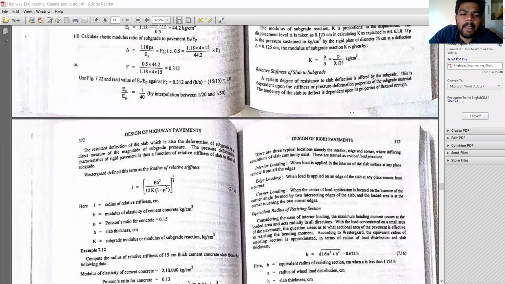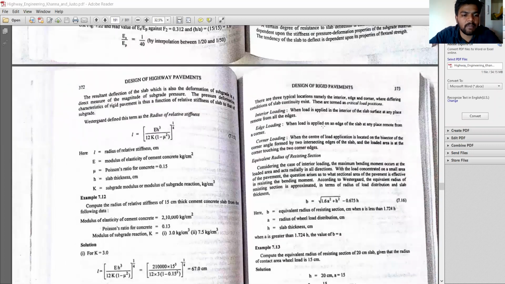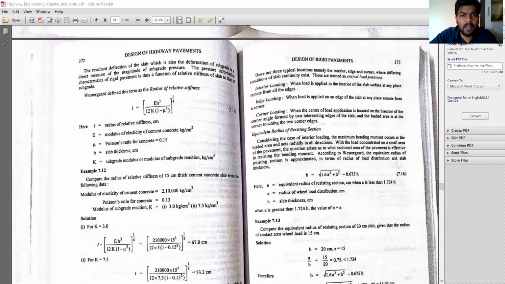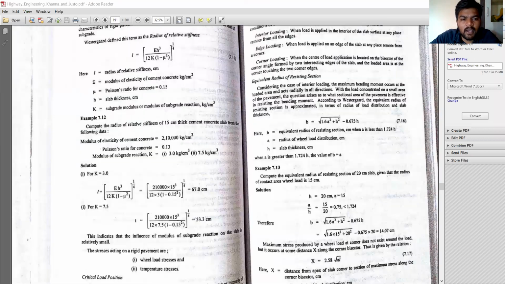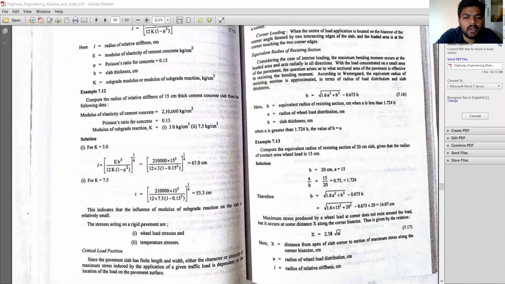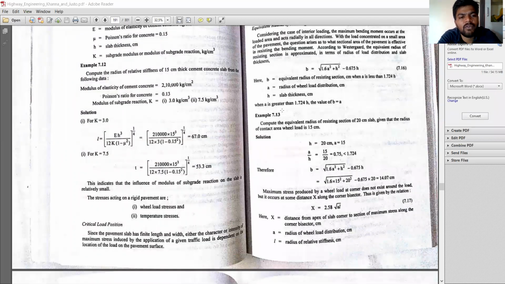Now let us see how these two formulas are used in calculating subgrade reaction and relative stiffness. Take an example. Compute the radius of relative stiffness of a 15 centimeter thick cement concrete slab from the following data.